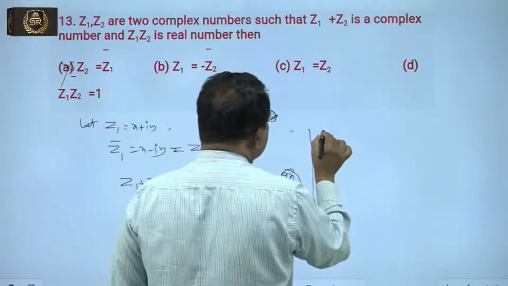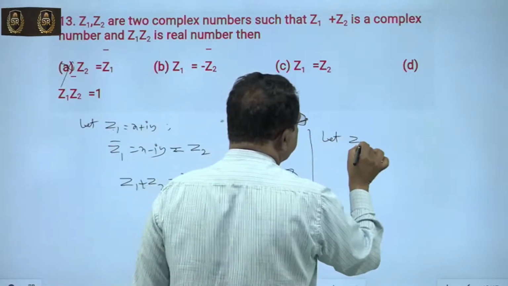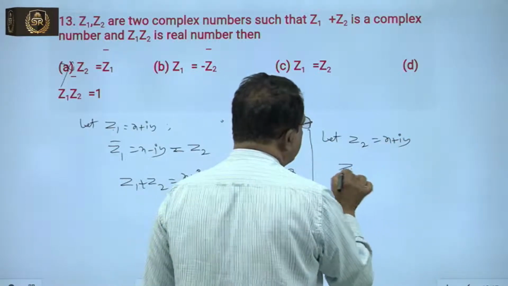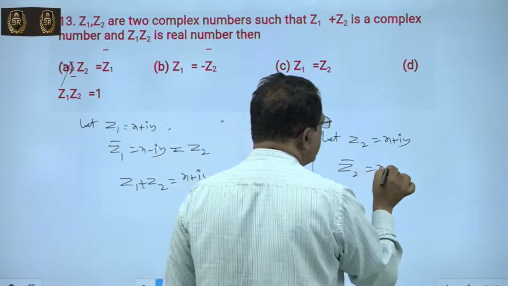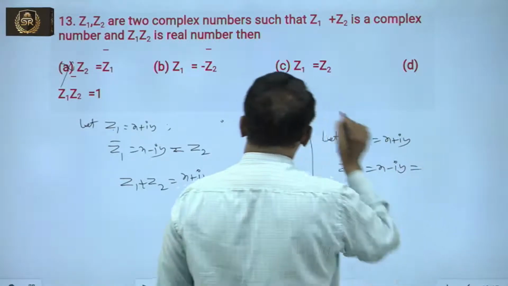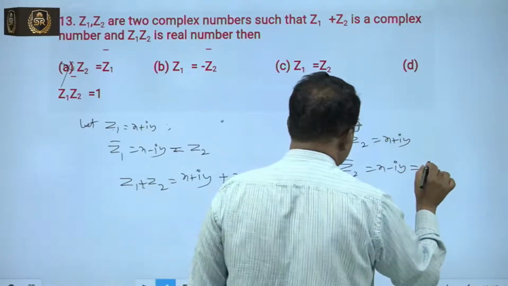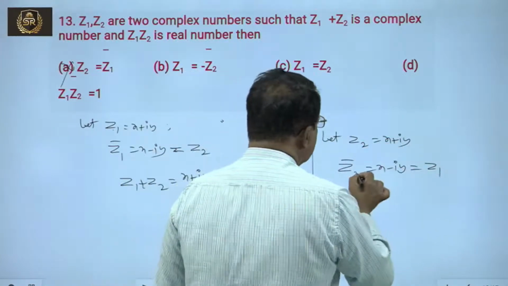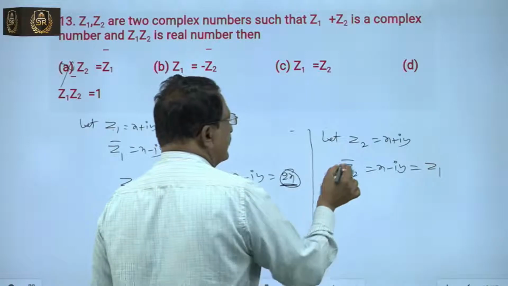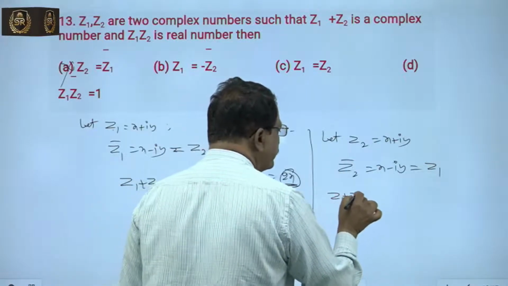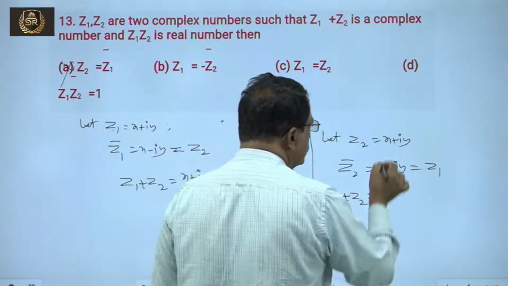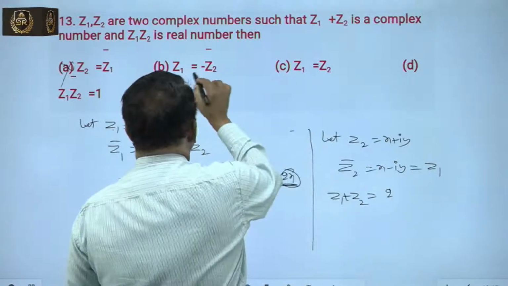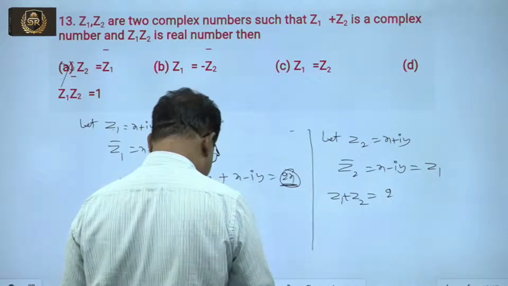Take the second option. Let Z2 equal x plus iy, which implies Z2 bar equals x minus iy, but it is nothing but Z1.